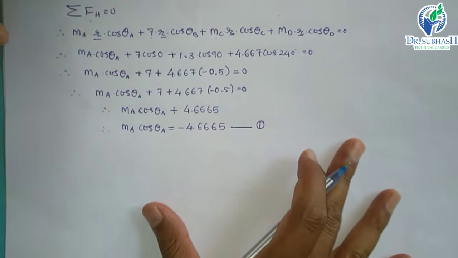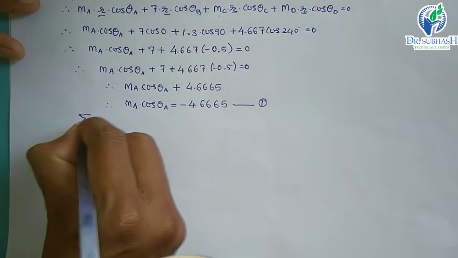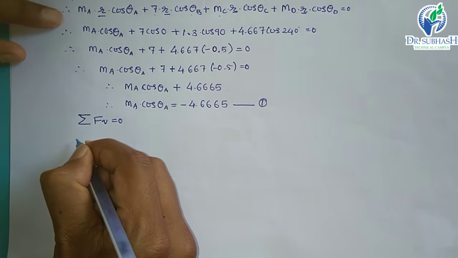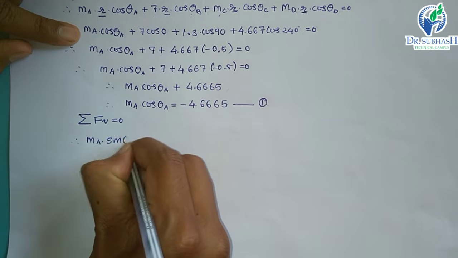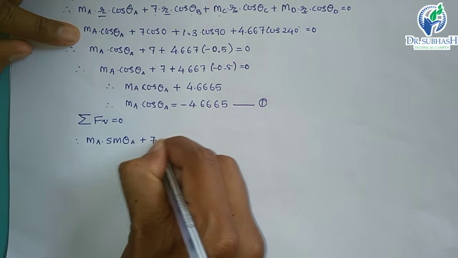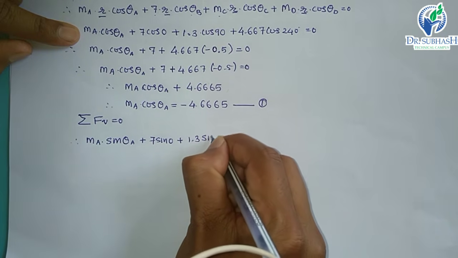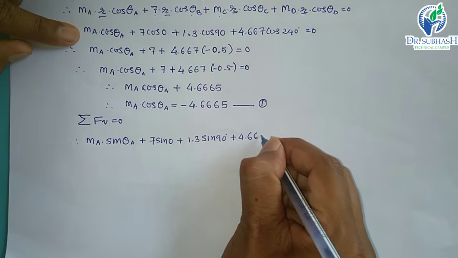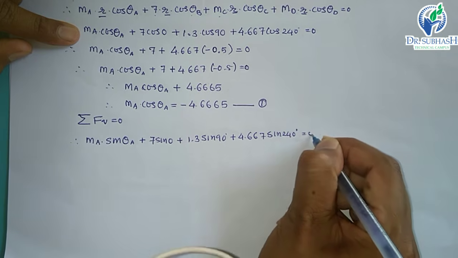Now we resolve the vertical component. So FV is equal to 0. Again we rewrite this equation: ma into sin theta a plus 7 sin 0 plus 1.3 sin 90 plus 4.667 sin 240 is equal to 0.